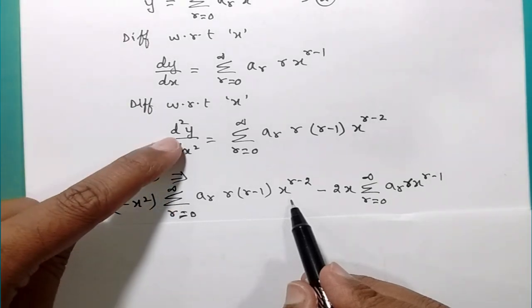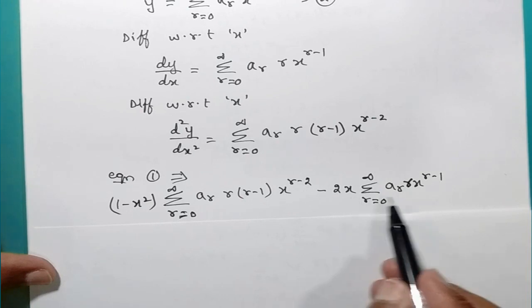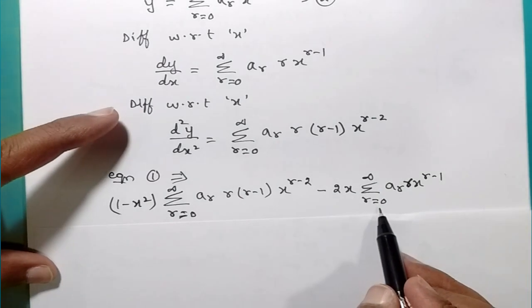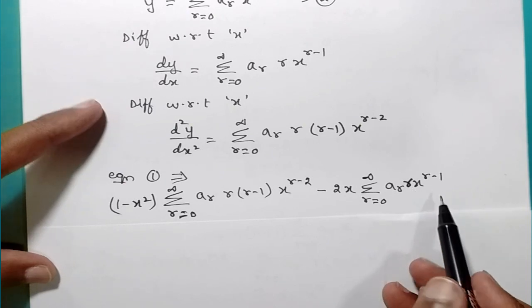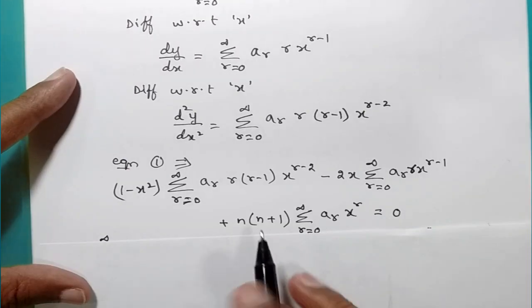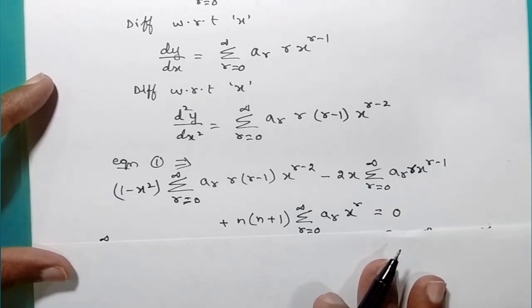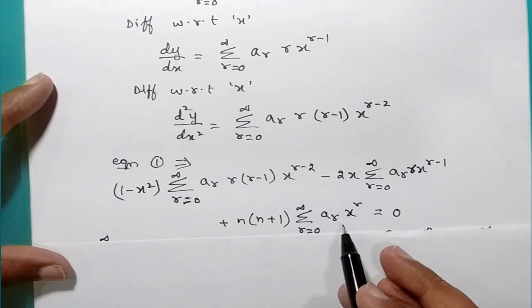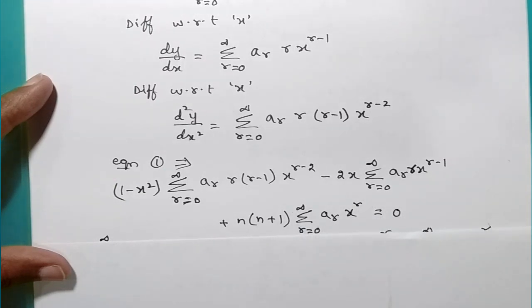Just replacing d square y by dx square in equation number 1. Minus, you have 2x in equation 1, dy by dx is summation of r is equals to 0 to infinity ar r into x power of r minus 1, and this term plus n into n plus 1 into y value is summation of r is equals to 0 to infinity ar x power of r is equals to 0. This is your equation number 1.